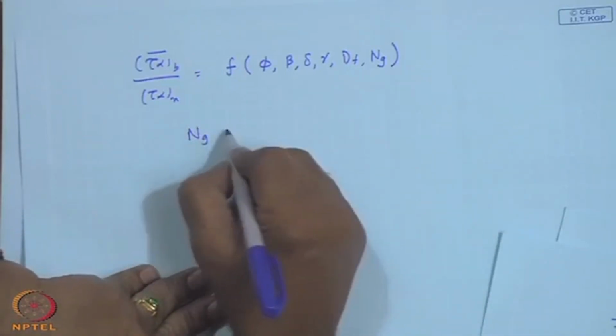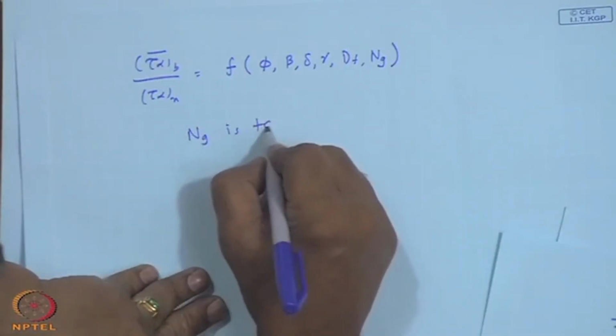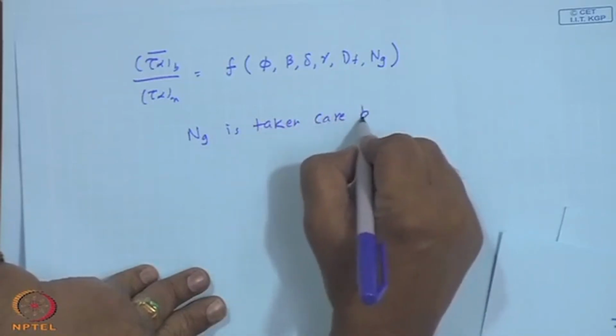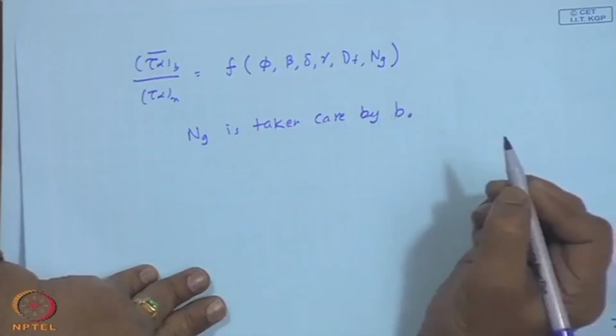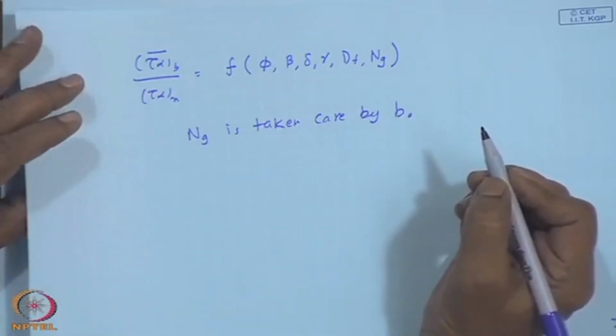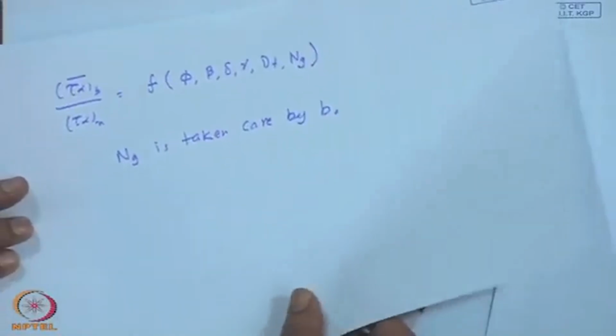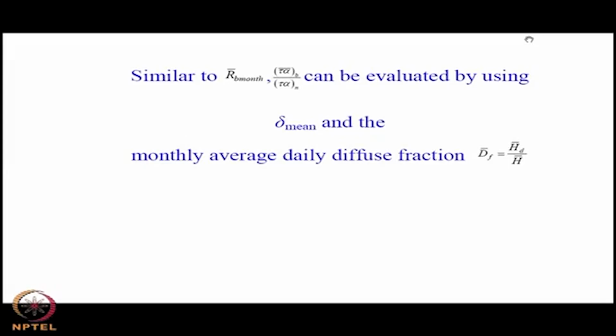Ng is taken care of by B0, the incidence angle modifier coefficient, which we may use as minus 0.1 or minus 0.17, depending upon whether it is 1 glass cover or 2 glass covers. So, this is what we have.